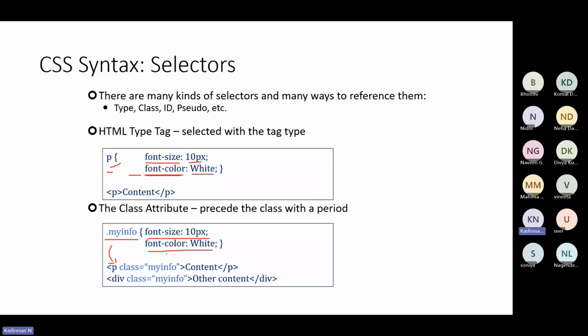So all these attributes will be applied to this content. For all the content I'm mentioning here, it will change according to my info. My info is nothing but the class, which I am calling here. And division class is equal to my info for other content. For the other content also, the same my info, all the attributes will match.